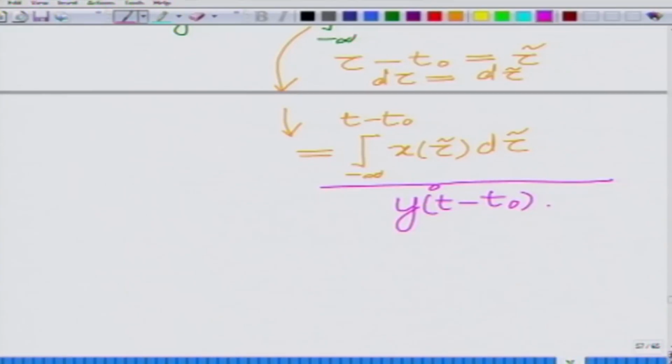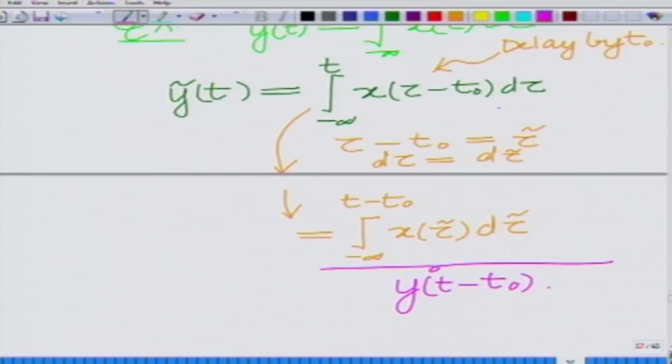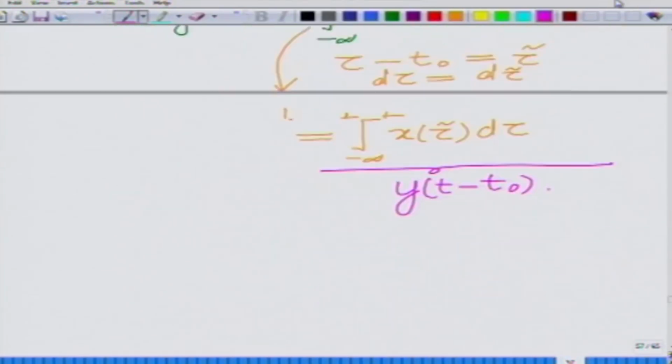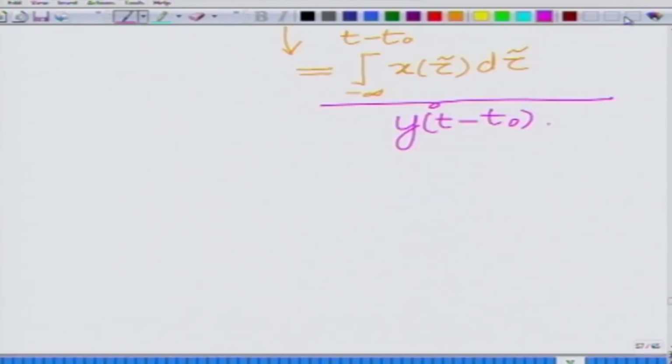So, if I shift the input by t naught, the output is correspondingly shifted by t naught. Hence, this is a time invariant system.